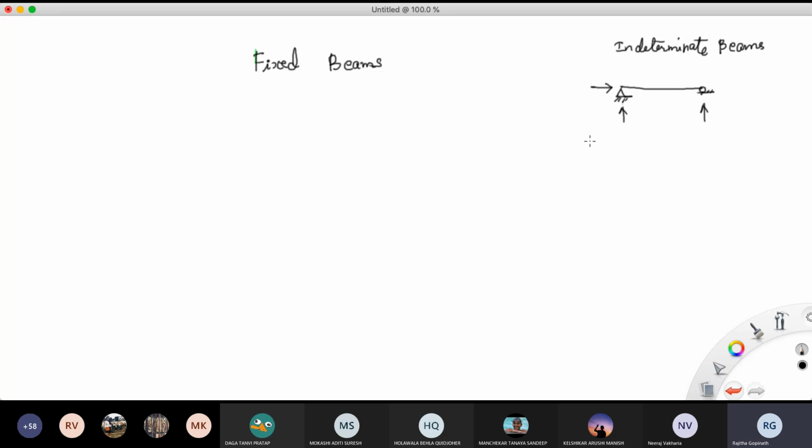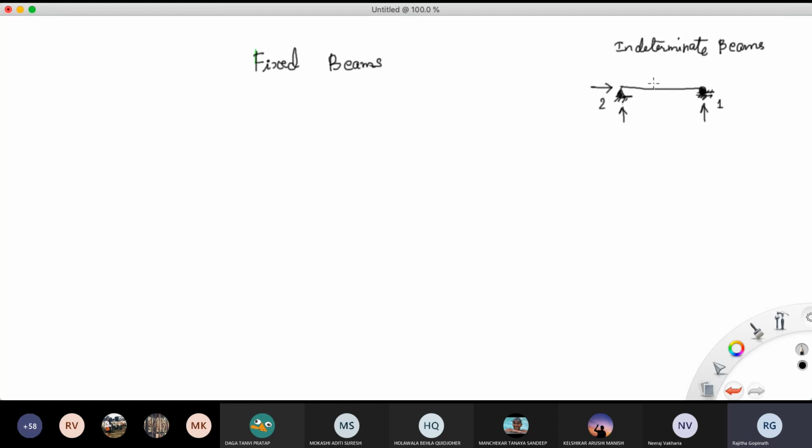All right. So what we have here is a beam that is supported on this hinge support, and this is a roller support. Roller support में कितने reactions हो सकते हैं? One. So there are two reactions here, and one reaction here.